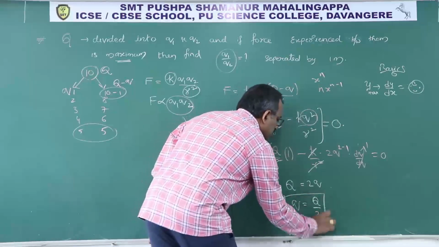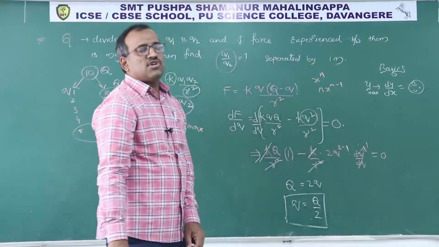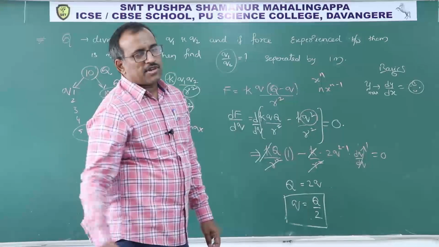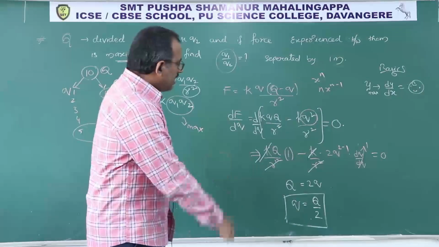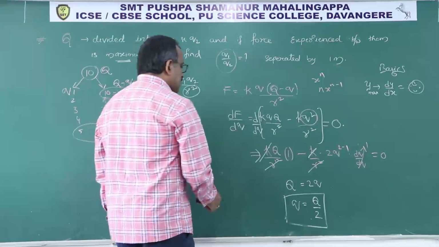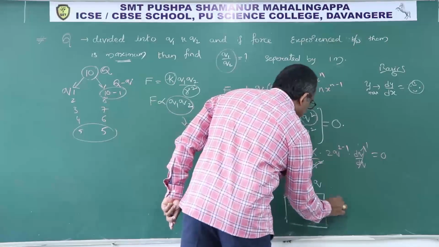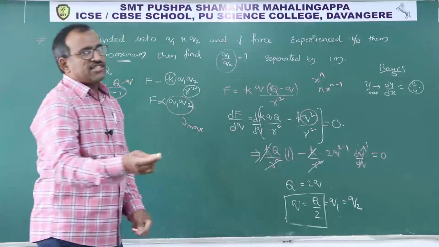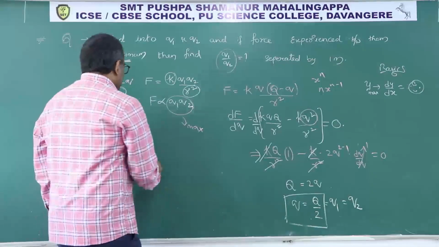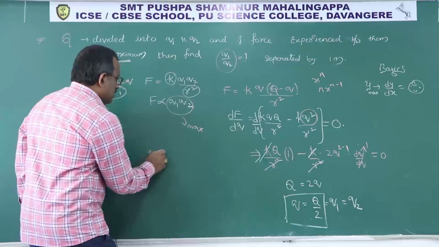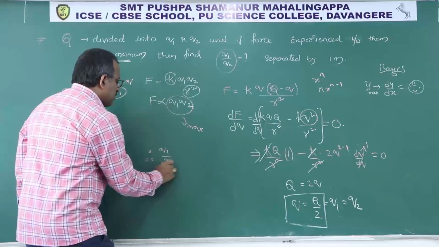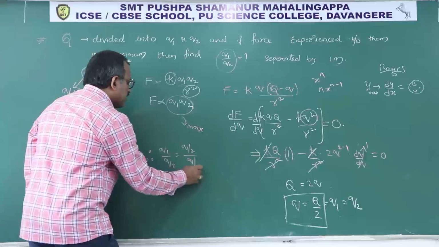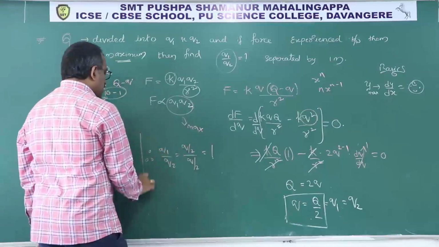One q you got Q by 2, the other q should obviously be Q by 2, because half. Hence I am taking it as q1, which is also equal to q2. Therefore the ratio will be q1 by q2 is equal to Q by 2 by Q by 2. Answer is 1:1.